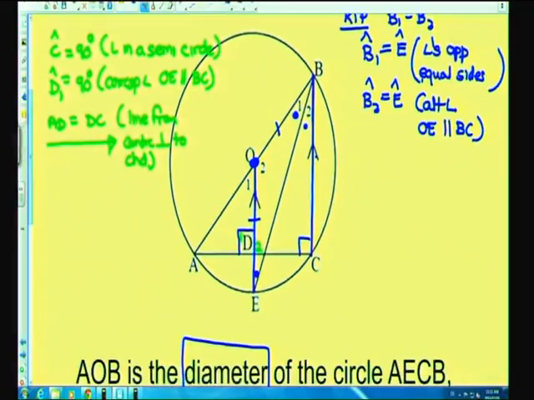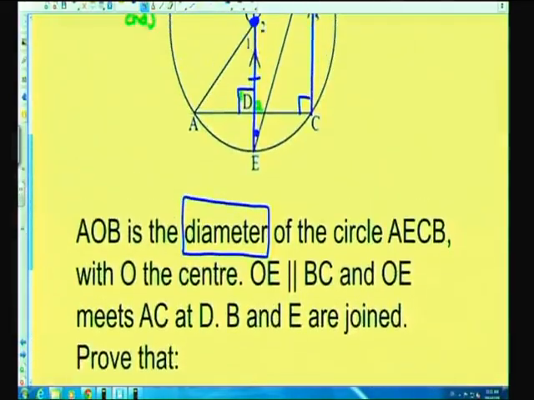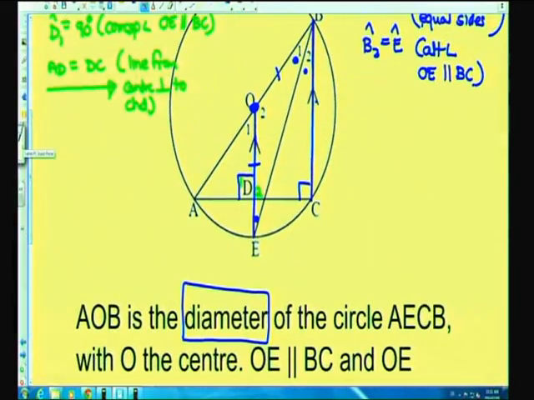Right, let's see what the next question asks. The next question says, if OEB is X. So let's go back there. OEB is X. So what I've called a dot, they're calling an X. So let's put it in. In fact, let me just erase all the dots and call them X's. It's just easier to work with the terminology they're giving us.